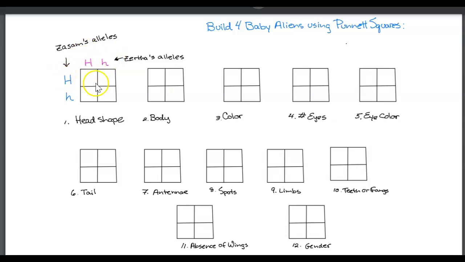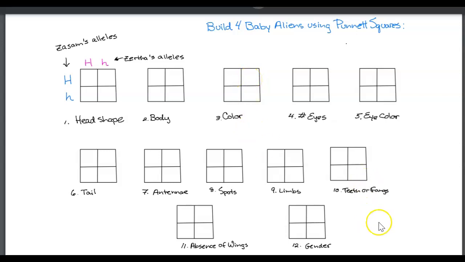And then always using the first square here, so this would be for baby number 1 for head shape. Here's baby number 1 for body. Here's baby number 1, their color. Here's baby number 1 for the number of eyes, etc. And then if I'm building the second baby or drawing it, I'm going to use this square right here, representing baby number 2's head shape, baby number 2's body shape, baby number 2's color, etc. And just keep going.